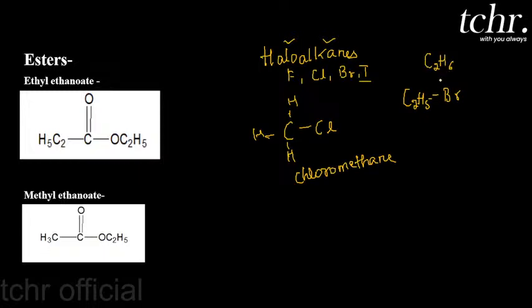I removed one hydrogen and added a bromine atom. It gives the formula C2H5Br, halo: chloro, fluoro, bromo, iodo. It goes on like this. So the name of this compound will be bromoethane. Is that clear?